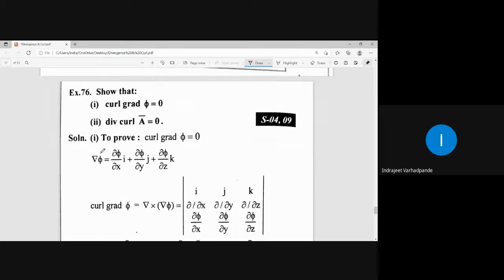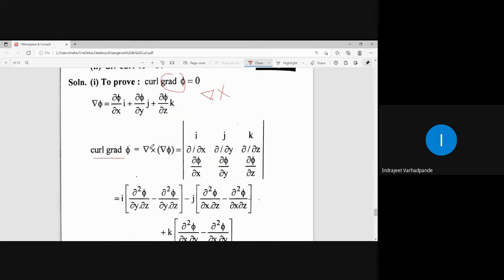The last question wherein it is just the analytical portion without any data provided, show that curl of grad phi is equal to 0. Now curl of grad phi, जिस किसी का भी कर्ल लेना है मींस उसके साथ वो क्रॉस प्रोडक्ट डेल का लिया जाएगा, but grad phi itself is del phi by del x i, del phi by del y j, del phi by del z k, which is gradient of phi.